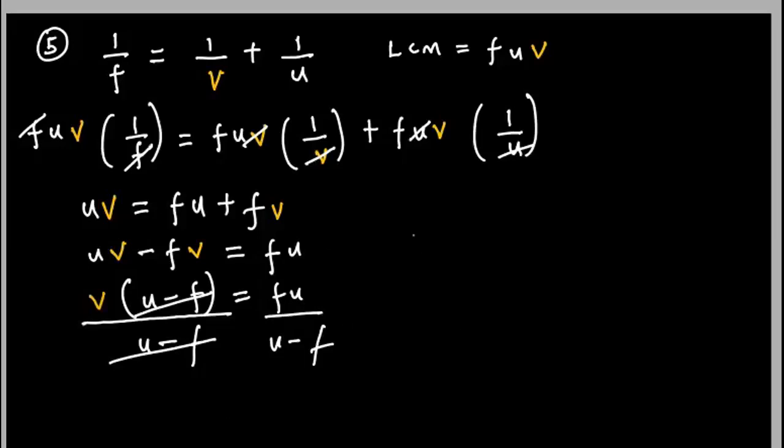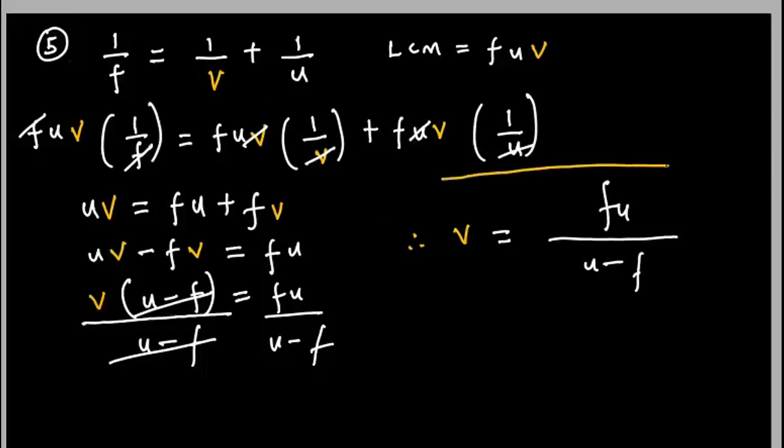And therefore, our V is equal to FU all over U minus F. This is the final answer. Unless you want to get another form for this answer, which, as we've said, we get by multiplying the numerator and denominator by minus 1. You get a different form of answer.